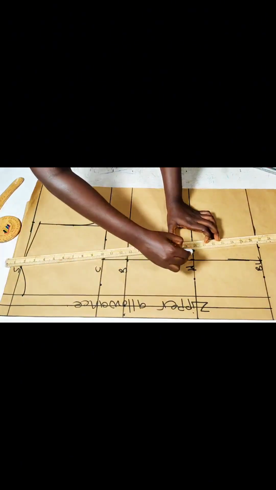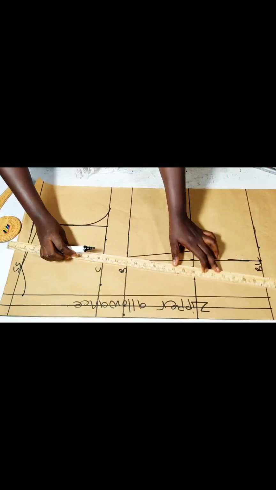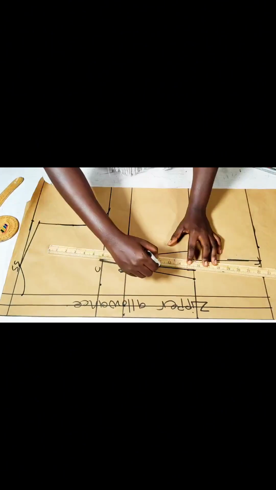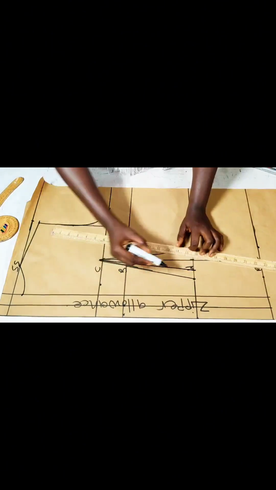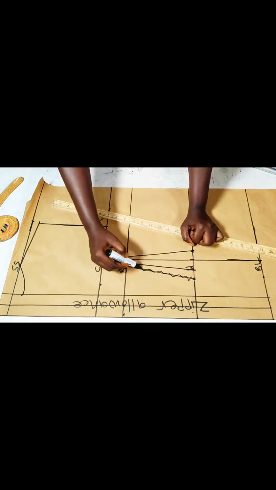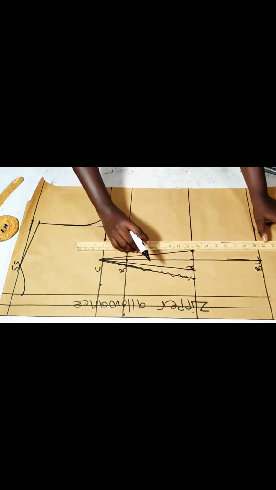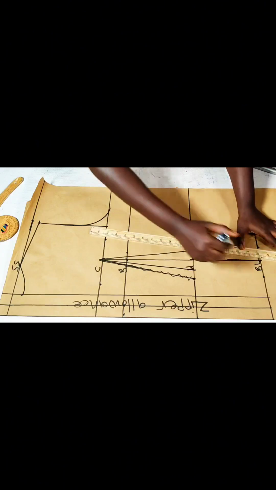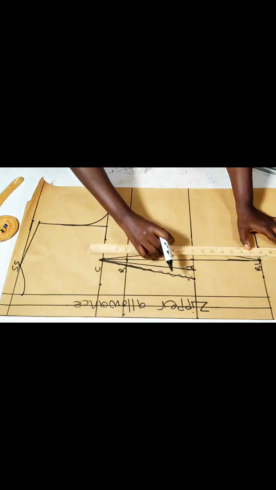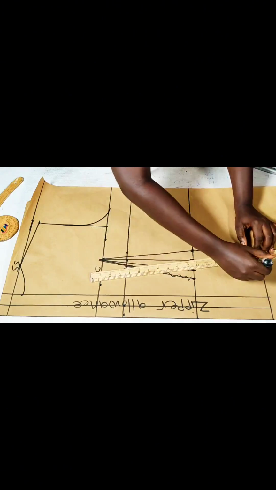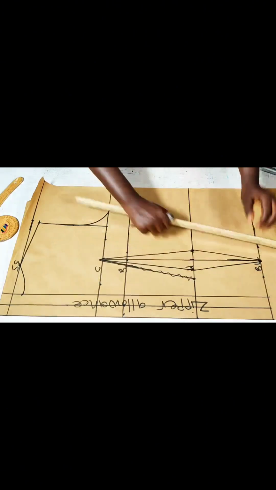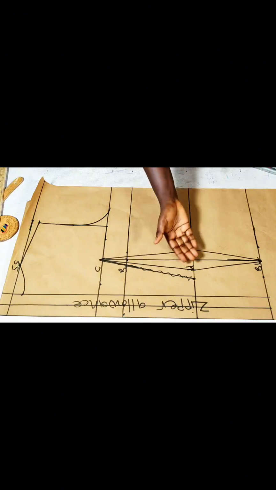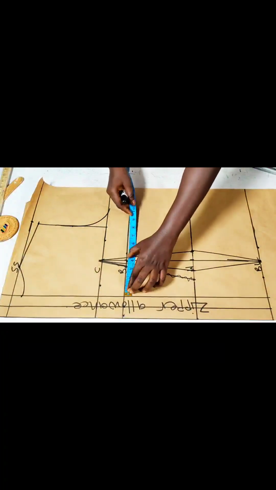I'm connecting my dart legs from my waistline to my chest. I made a mistake, so I was cancelling it out. Then from my waist to my blouse length line. Just like that. If you don't understand what I'm saying, just look at what I am doing. So hola, your diamond dart for your back piece is ready.